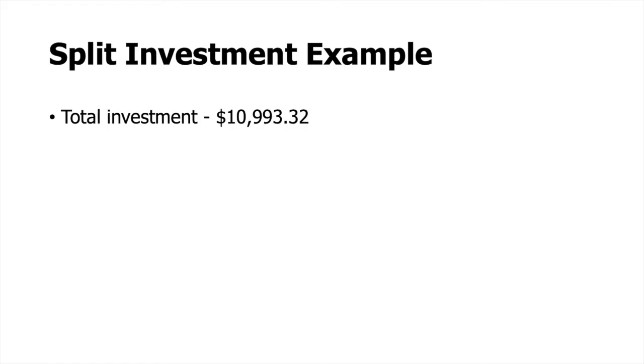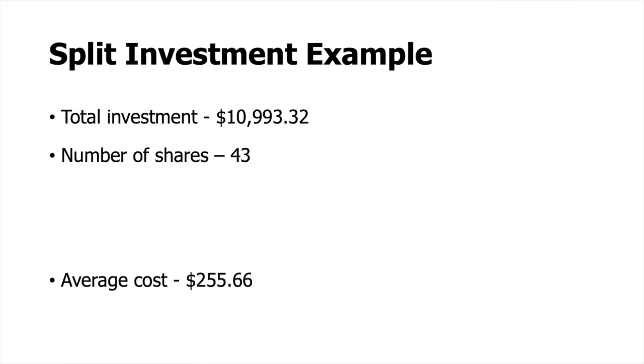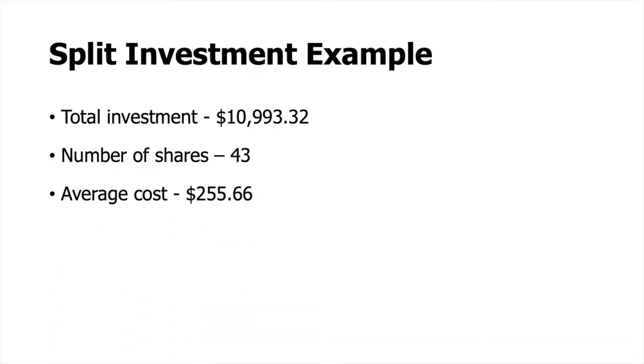So the total investment here is $10,993.32. We've managed to get 43 shares. We've managed to get more shares because the cost basis here is lower, as we got the shares for a lower price. So obviously here we can buy more shares. You can see the average cost per share is the lowest of all the examples we've shown so far at 255.66.